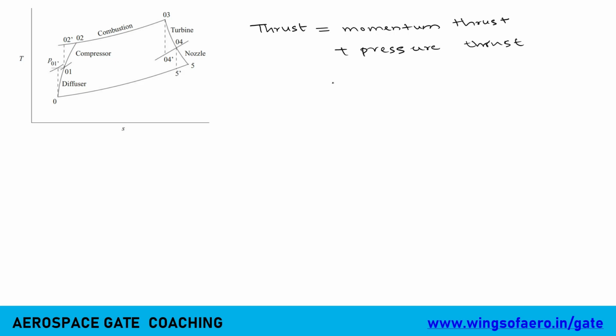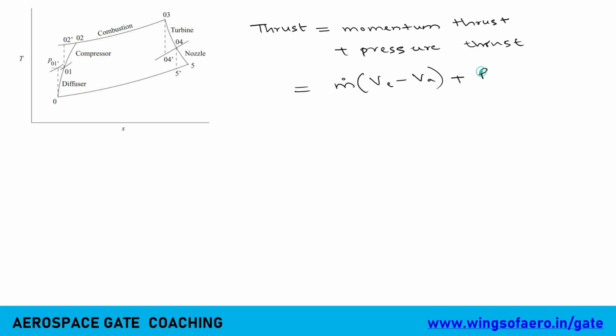Now there can also be possibilities that they have not given any parameter of the pressure. In that case the pressure thrust will be considered as 0. Okay. Now what is momentum thrust? Momentum, here we will use the change in velocity, and the ambient pressure to the exit pressure we can find out.